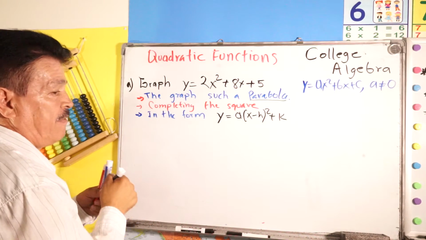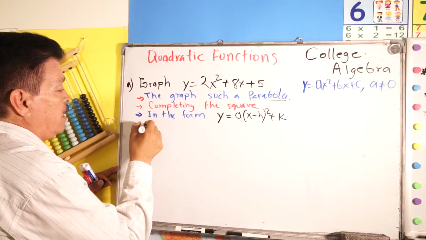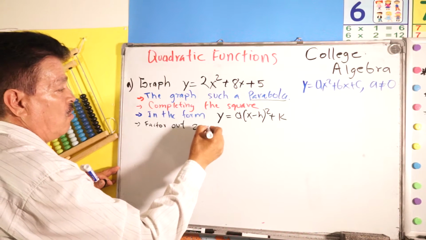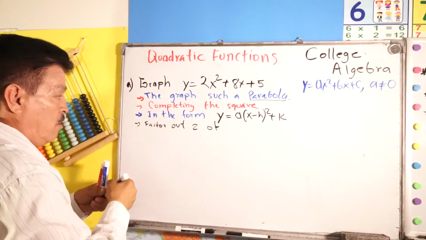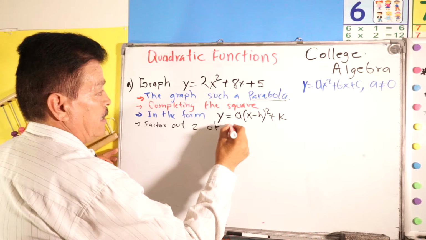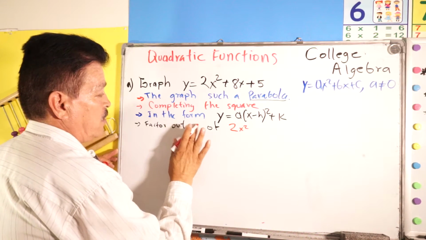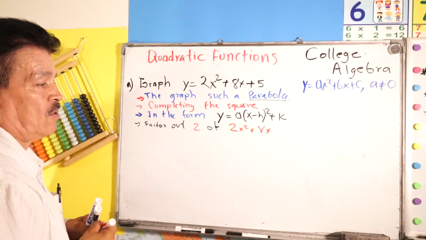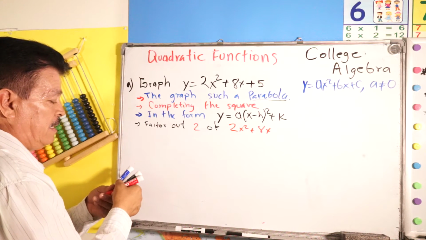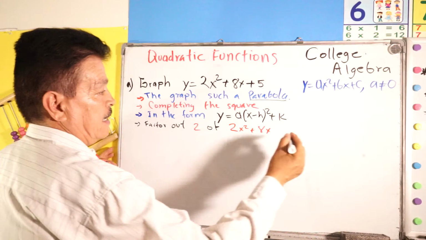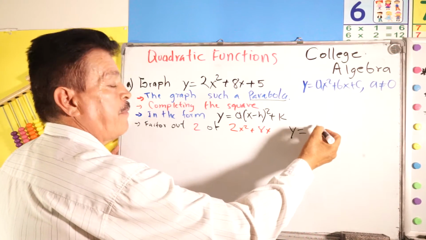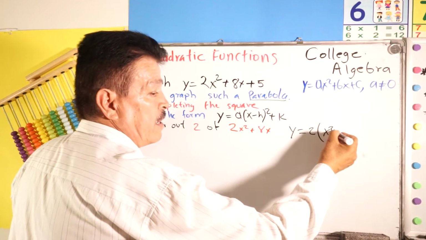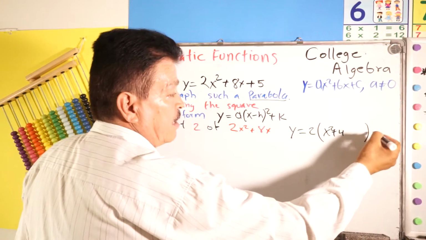So here, factor out 2, and we are going to have y equals 2 times (x squared plus 4x) plus 5.